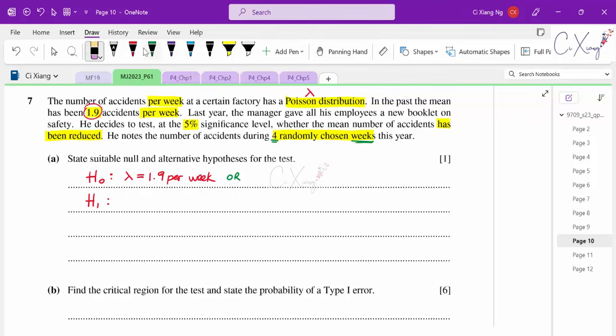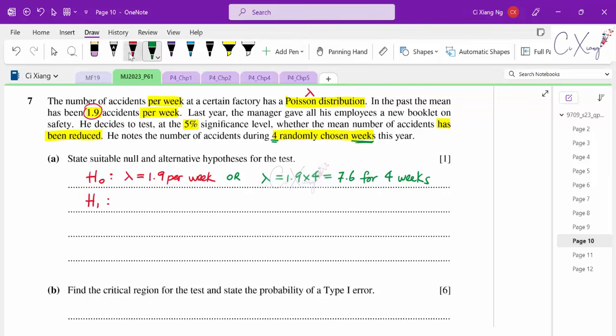So to carry out the test, you can also write lambda equals 1.9 times 4, which equals 7.6 for 4 weeks. So you're allowed to write out either one of them. You can write the basic lambda for 1 week, or you can write the lambda for the 4 weeks that they are going to use to carry out the test.